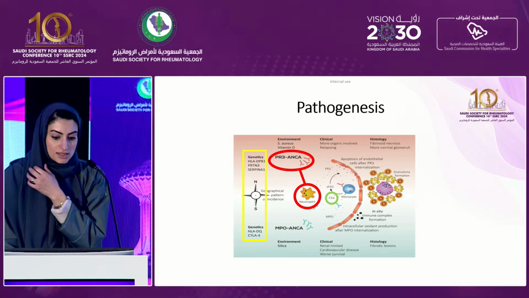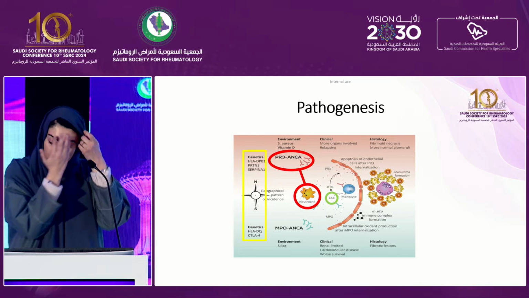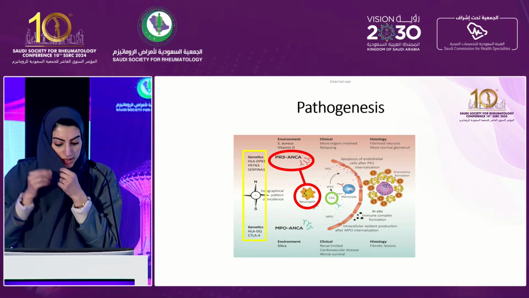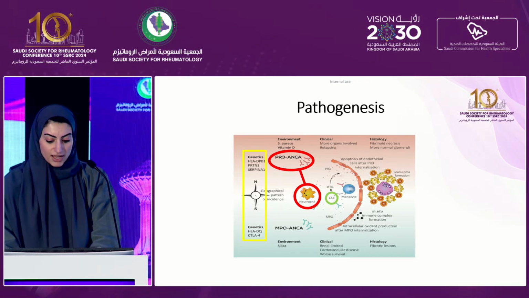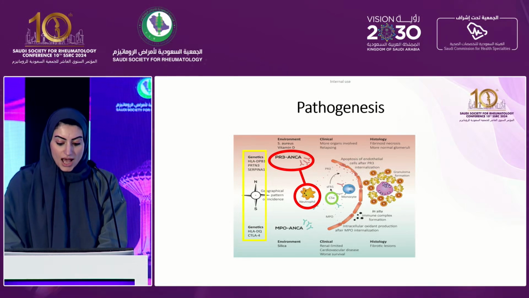Going to the pathogenesis, it's very complex. With the presence of genetic susceptibility and environmental factors, ANCA have the central role in the pathogenesis of the disease because they induce excessive activation of neutrophils. This results in injury to small blood vessels.